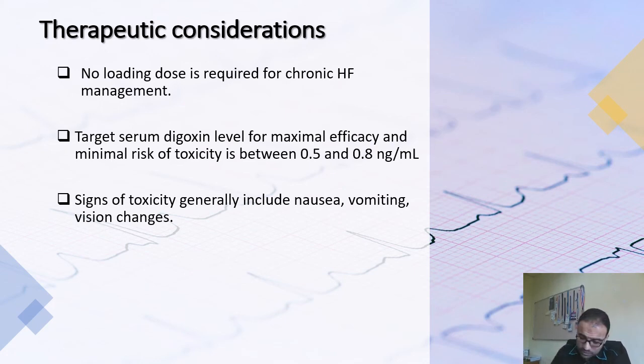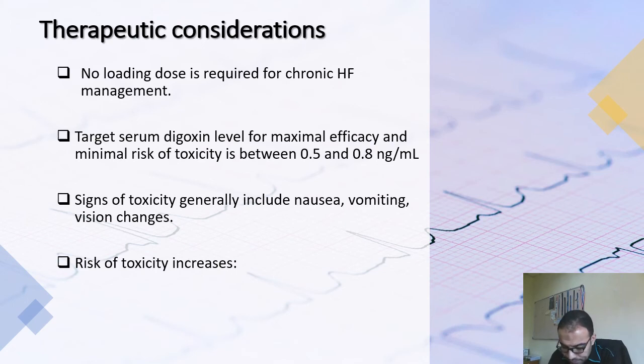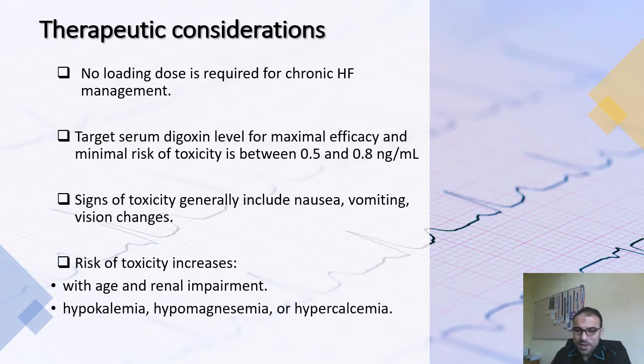But what is important to highlight here is that the risk of toxicity depends on many overlapping contributing factors. One of them is age and renal impairment, because we know digoxin is cleared by the kidney. The second is electrolytes, especially hypokalemia, hypomagnesemia, and hypercalcemia.